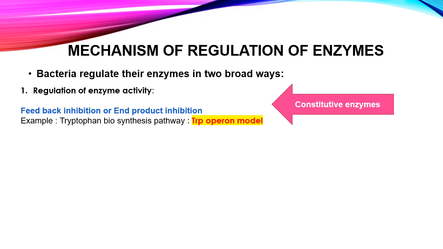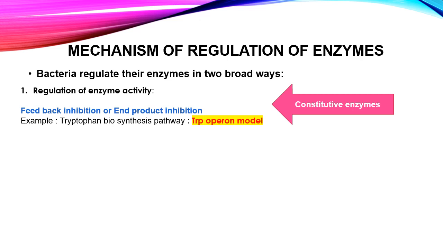They are vital for the functioning of the cell. They are highly specific in their regulation. Only a particular substance can regulate their activity. And in this, the best example that can be given is the tryptophan biosynthesis pathway. That is our tryptophan model.